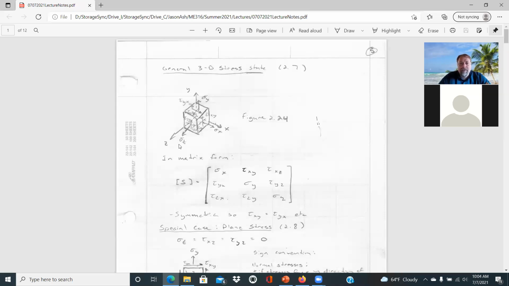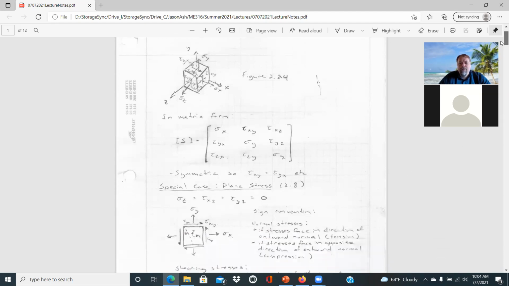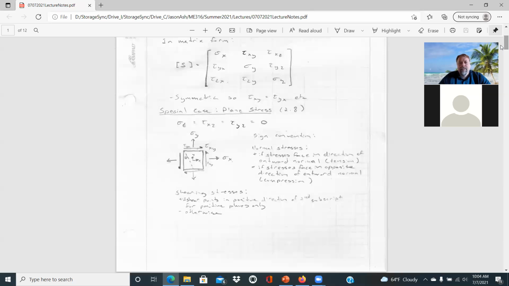Normal stresses face away from the planes, and shear stresses face parallel to the planes. You can represent that stress tensor in matrix form at a given point: your stress matrix S, with sigma X, sigma Y, sigma Z across the diagonal. The shear stresses are symmetric, so tau XY is equal to tau YX. That's familiar from ME 216.